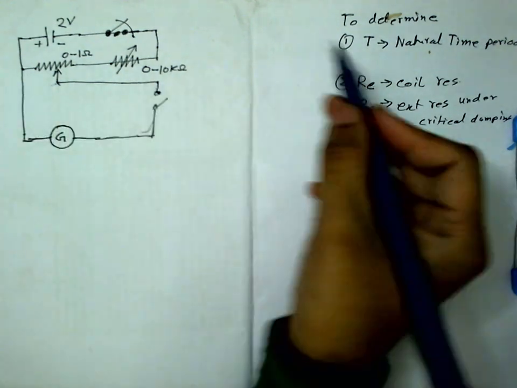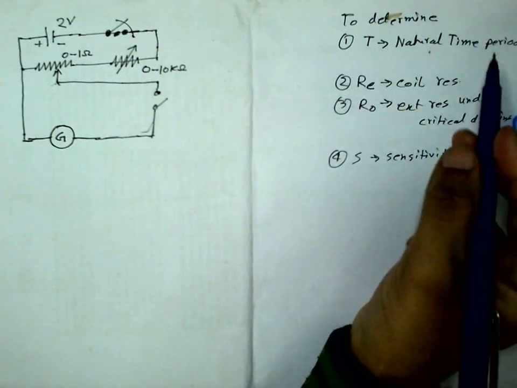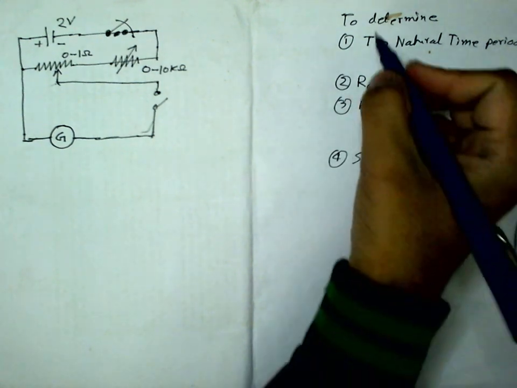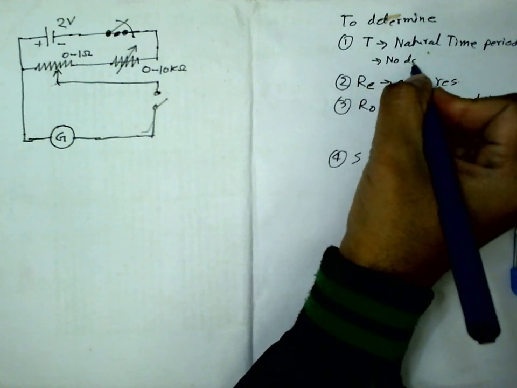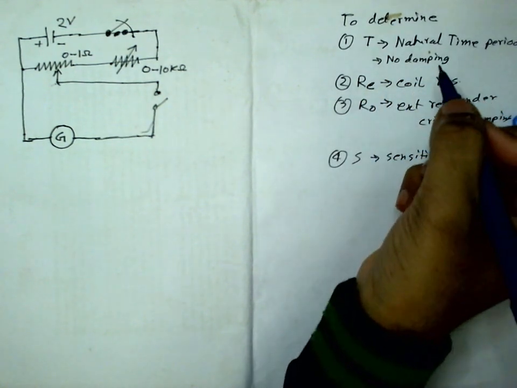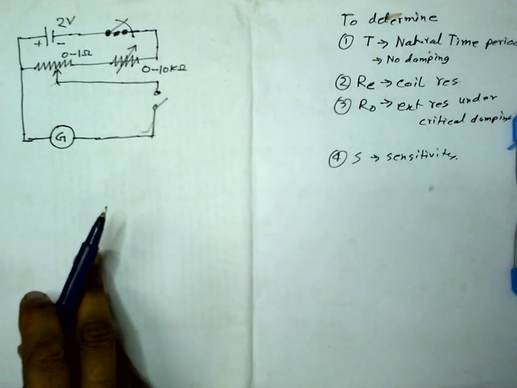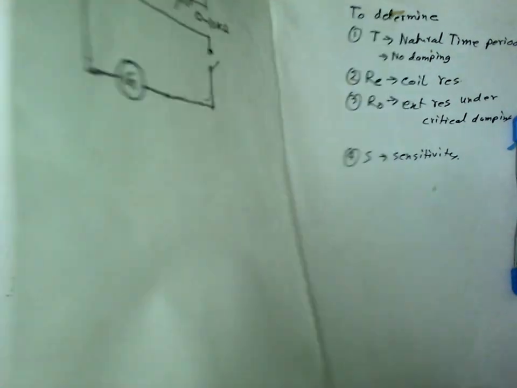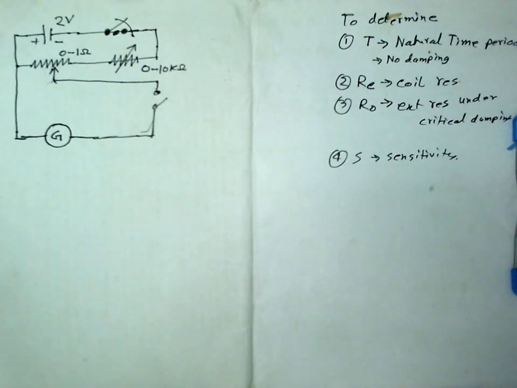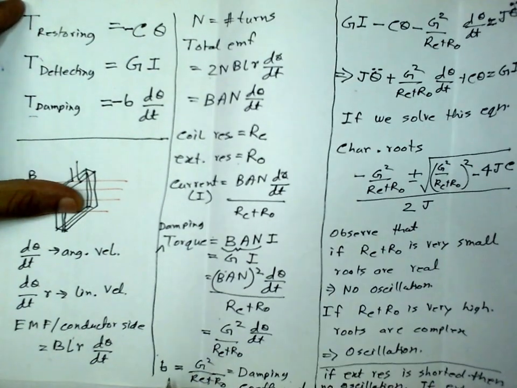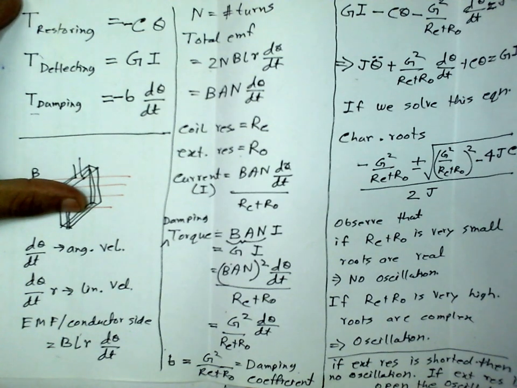Okay, let us first start with time period determination. And remember, this has to be the natural time period without any damping. So natural time period means no damping. Now no damping means very high external resistance. If we look at the equations here, we see when the external resistance is very high, B is 0, so then there is no damping.